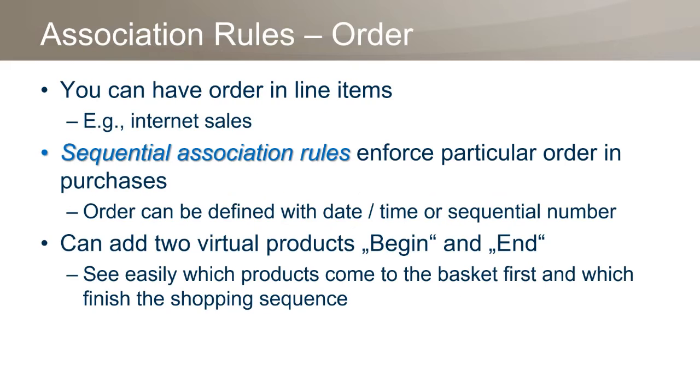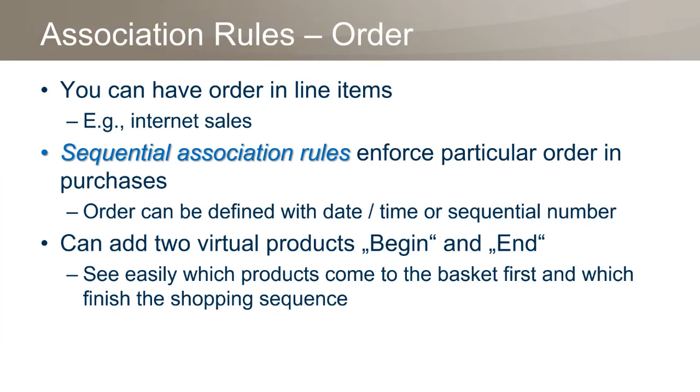And of course, the last thing, if you have an order, you can also try to express these rules as ordered rules or sequential association rules. So then you know which product was actually in the basket before the other. And you can even improve this. To improve this analysis, you can add two virtual products in every single transaction.